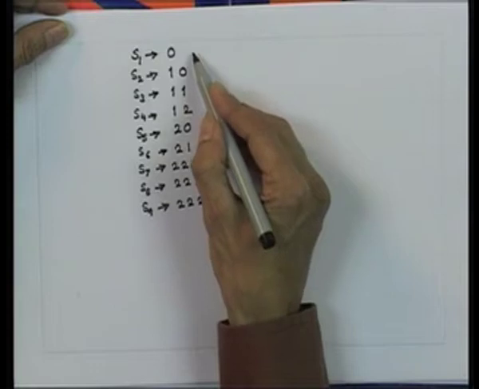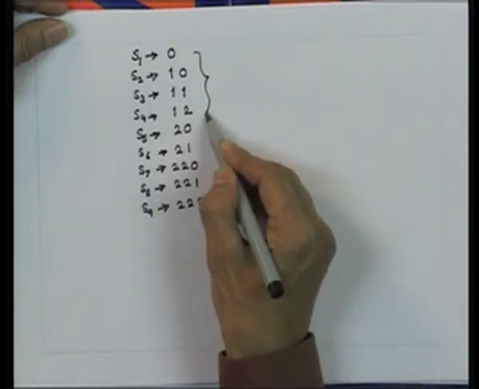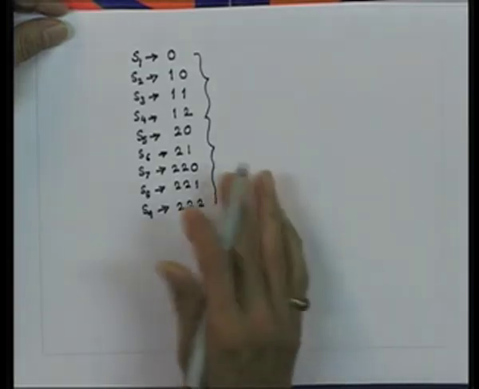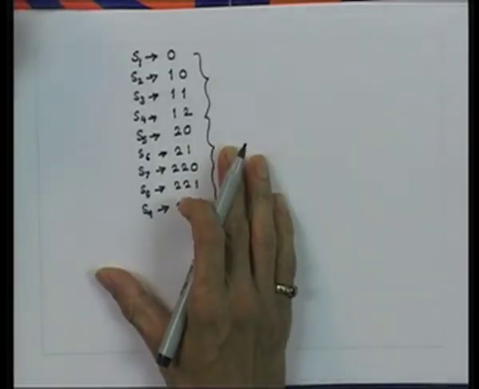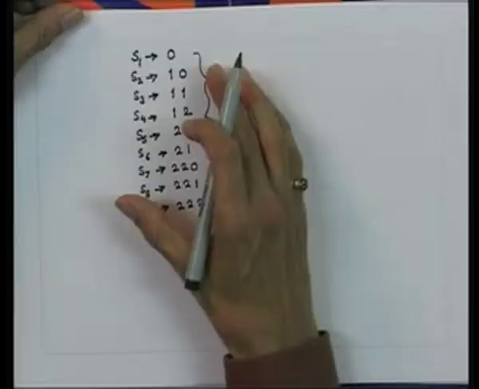Now, note how the construction of this code illustrates the coding method used in the proof of the Kraft inequality.